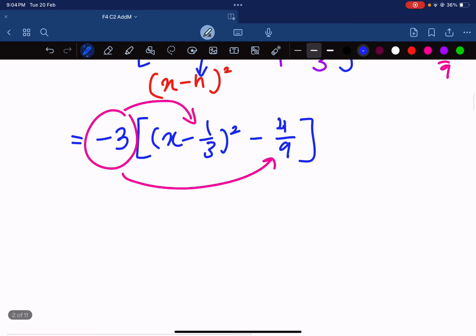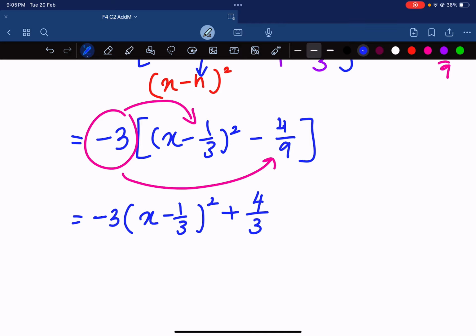Bila I kata dia darab kepada kurungan, you janganlah kembangkan kurungan tu balik, you just letak di sebelah kurungan tu. Negative 3 x minus 1 over 3 squared. Okay, just letak macam ni je. And then negative 3 darab dengan negative 4 over 9, you should get positive 12 over 9, which is just, kalau simplify dapat positive 4 over 3 lah.